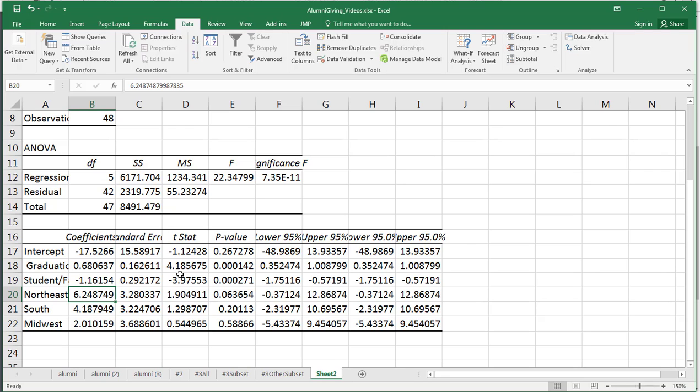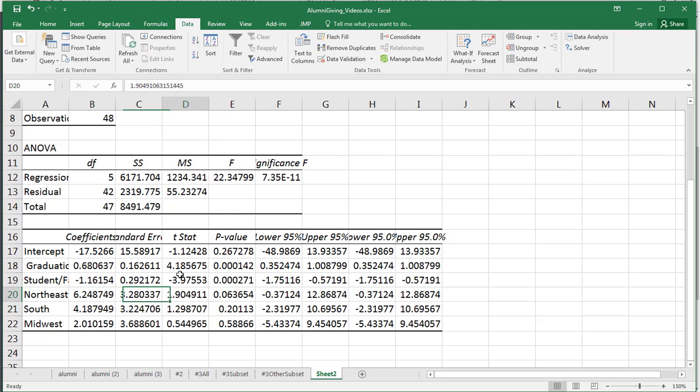So Northeast, it appears that schools that have alumni from the Northeastern schools, not Northeastern the university, but universities in the Northeast region, have a stronger or higher alumni giving rate than the West by about 6 percentage points, and from the West, the South has about 4 percentage points higher than the West, and the Midwest about 2% higher than the West.